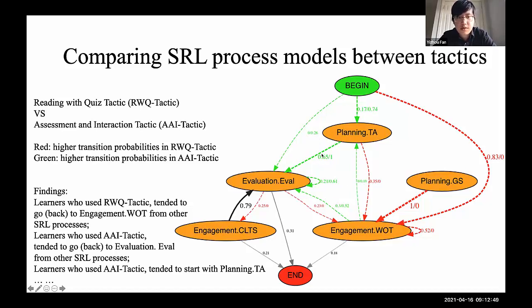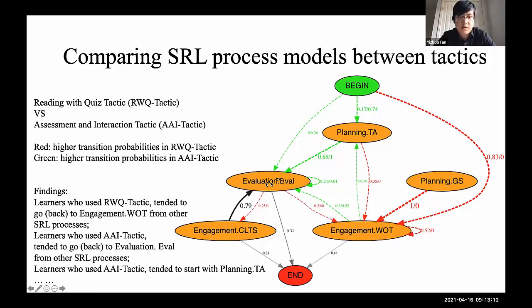So you can see learners who use the first tactic tend to always go back to this engagement or working on task process. But learners who use the second tactic tended to always go back to this evaluation process. You can see lots of green edges pointing to this process.